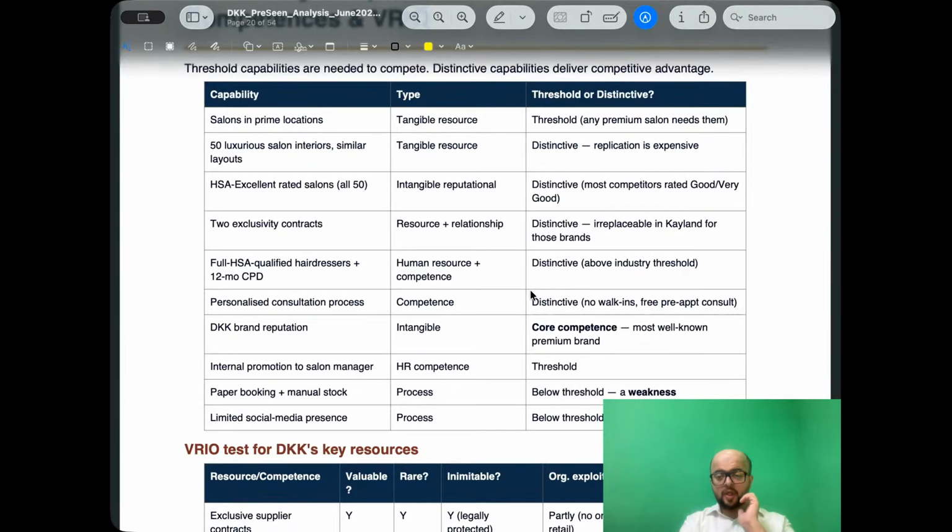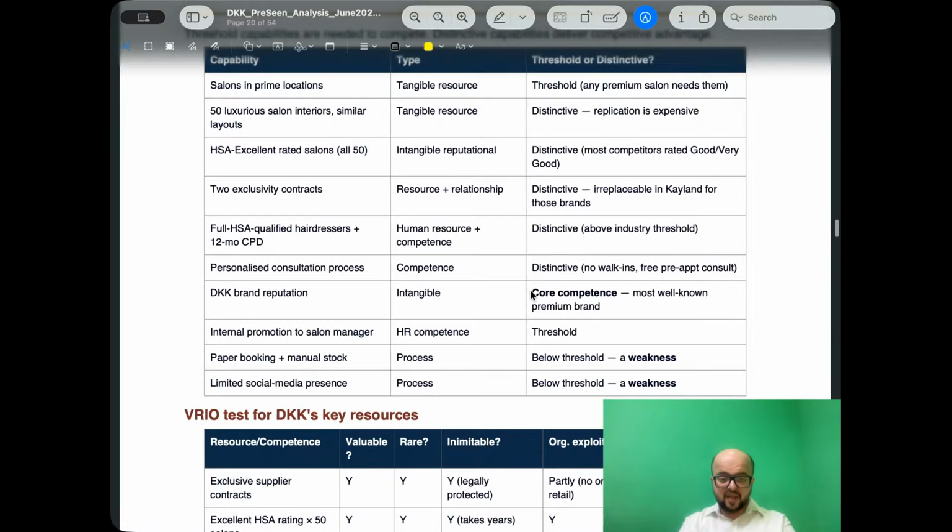DKK's brand reputation, this is their core competence, because in that premium segment they are the most well known. Promotion of staff is a threshold activity, everyone must do it. By doing this, you are not creating something unique. Okay, you have limited social media presence, that's below threshold, that's a weakness. And paper booking plus manual stock count again is below threshold, that's a weakness.